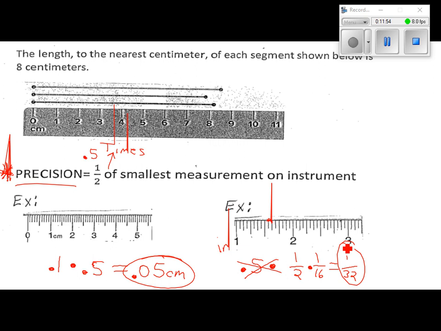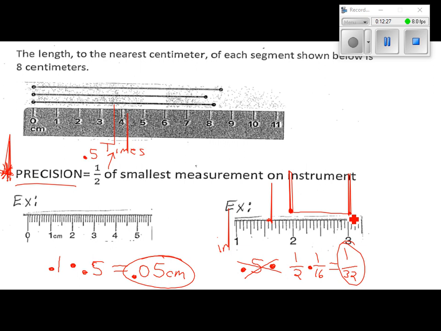So that's precision. How precise can you be? If I'm measuring this segment, starting here at 2, and it goes out to here, and one of you looks at it and says, oh, it only goes out to 3, and the next one says, no, it goes out to that next mark past the 3, we're still within that precision.